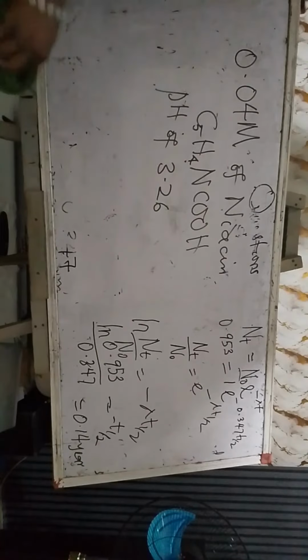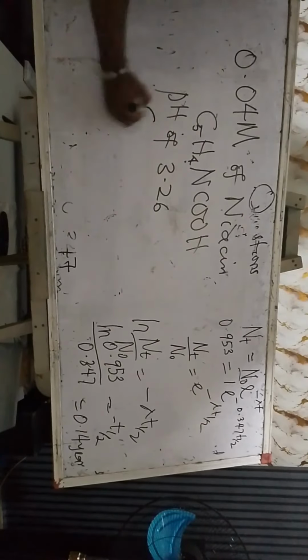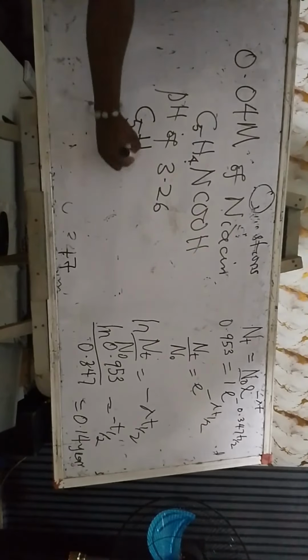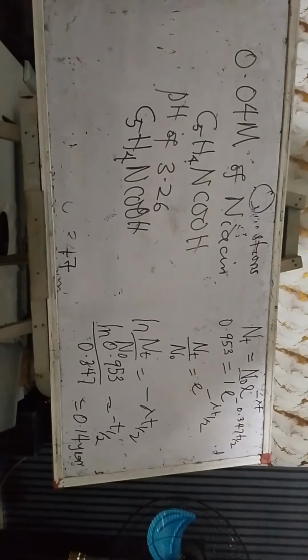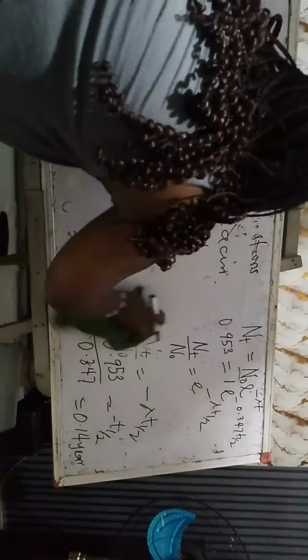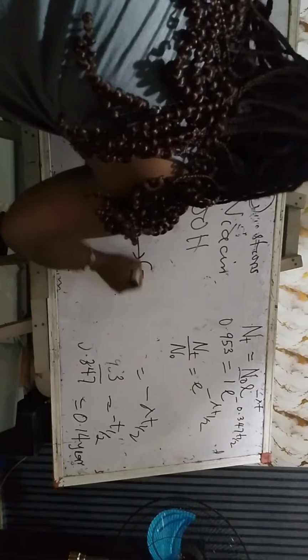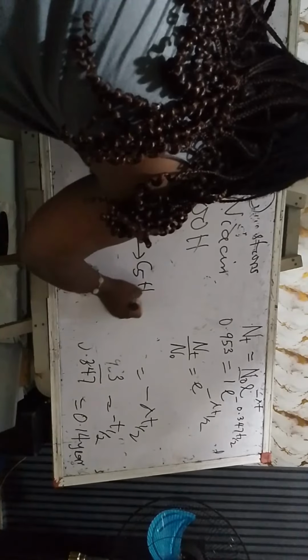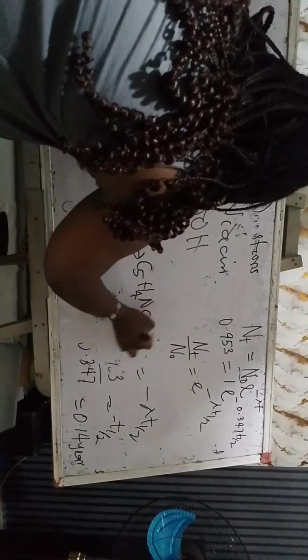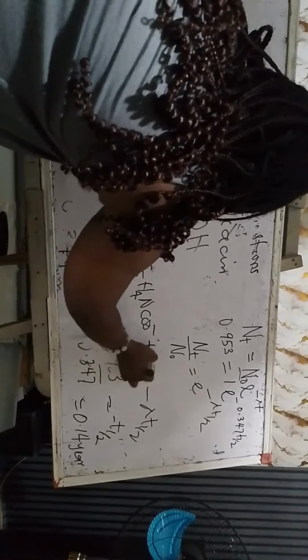C5H4NCOOH dissociates to give C5H4NCOO minus plus hydrogen ion.